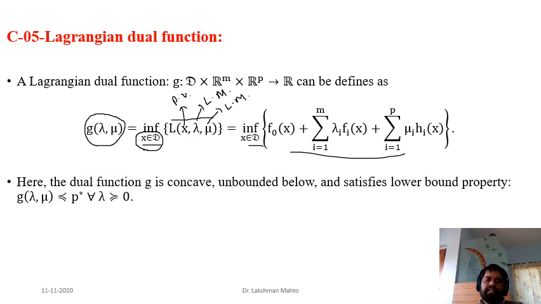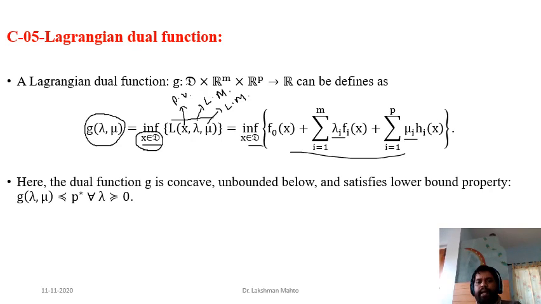Here the dual function g is concave in nature. You can ask why it is concave. If you look at the definition of the Lagrange dual function, we minimize with respect to x, so x will be exhausted; it will not be here. So what is the remaining thing? We observe that lambda i is linear in the term, and mu i is linear in the term.